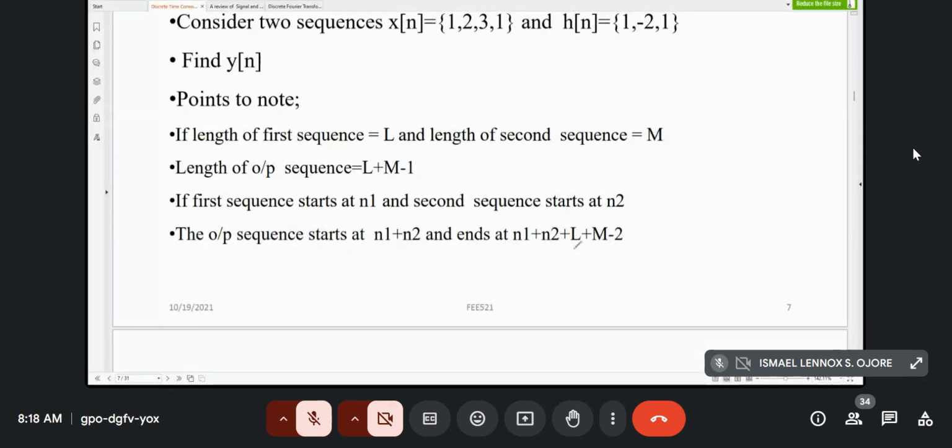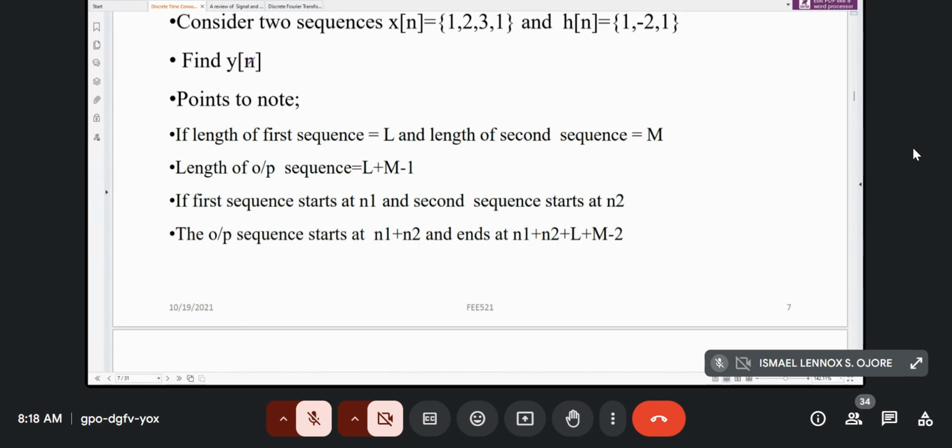Something must be wrong, because it starts at 0, 0. This formula is not agreeing. I think this must be 1. Well, it's all right, it's okay. It's minus 2 because it is going to end at y[5].